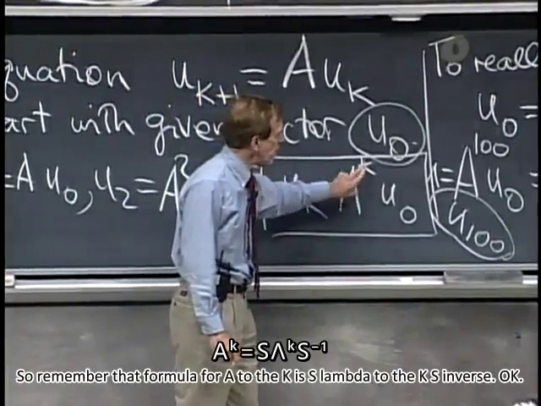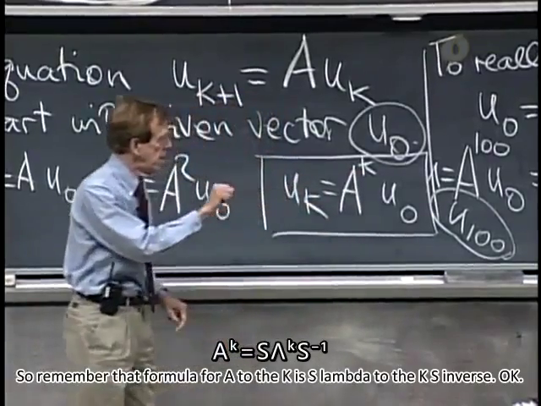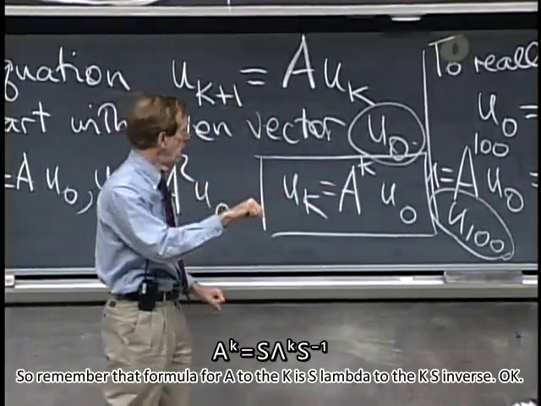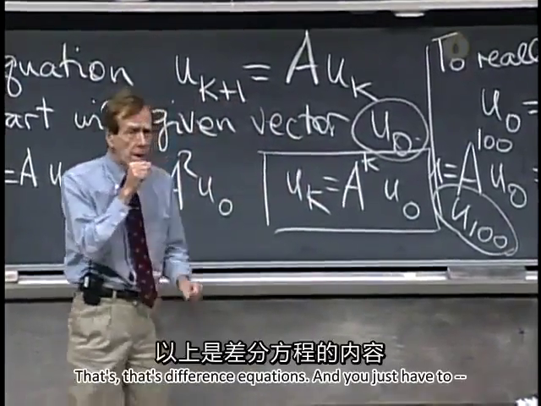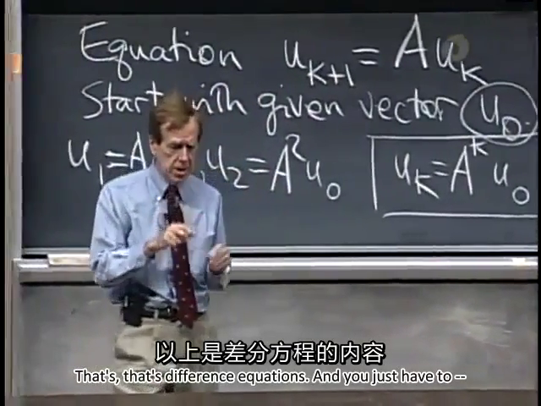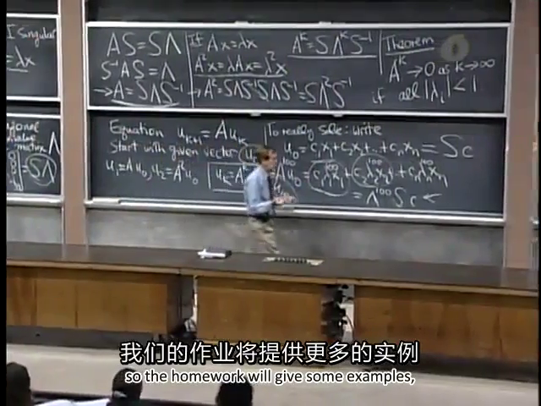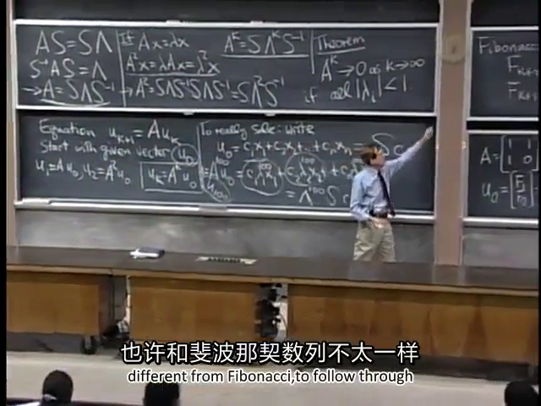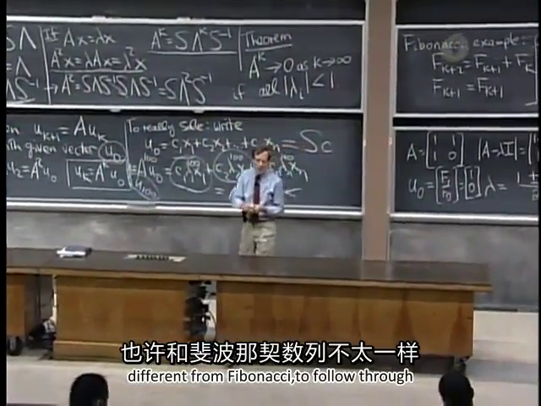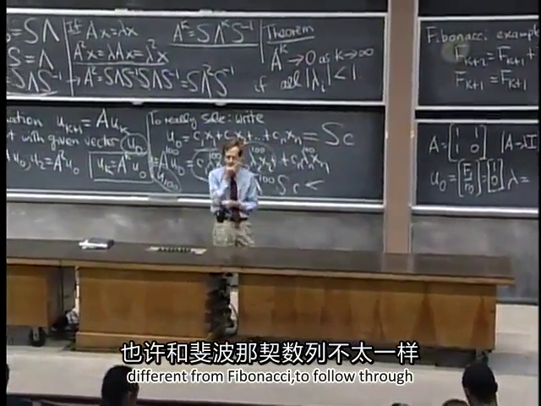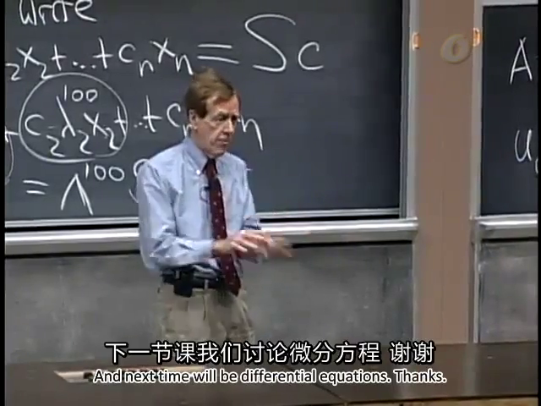Remember that the formula for A to the k is S lambda to the k S inverse. Okay, that's difference equations, and the homework will give some examples different from Fibonacci to follow through. And next time will be differential equations.